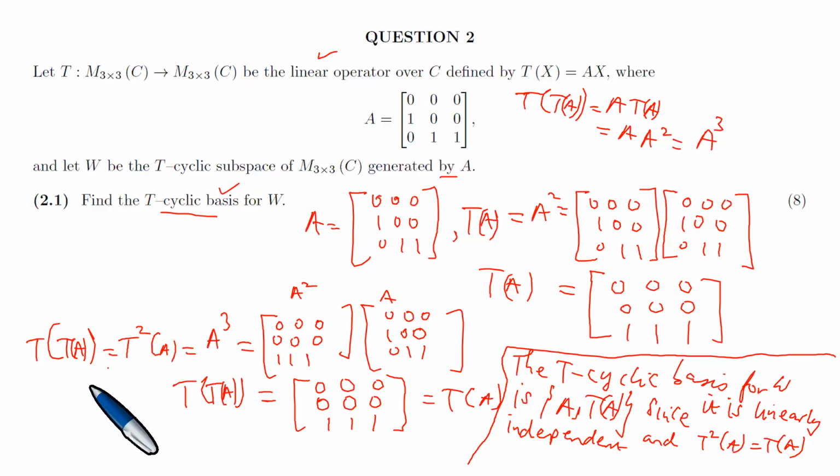So we realized that in our attempt to find TA, T squared became equal to just TA.